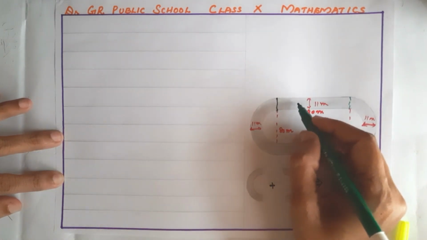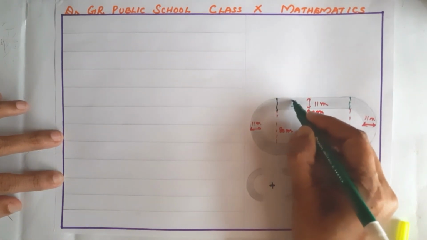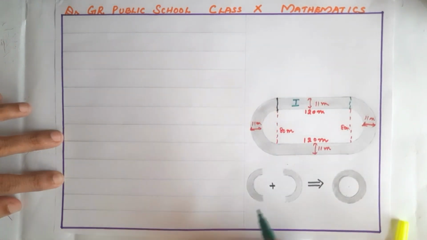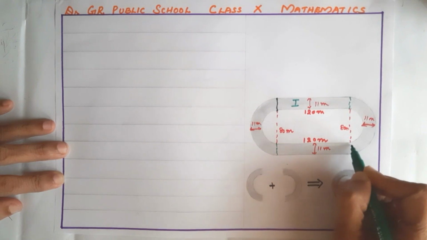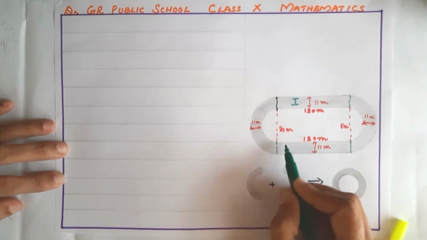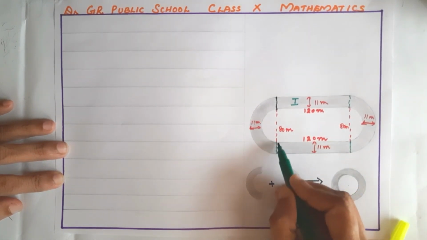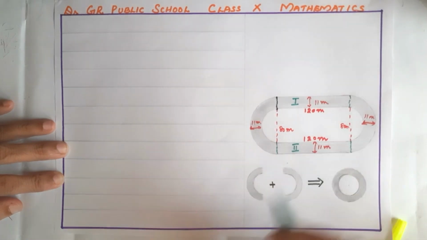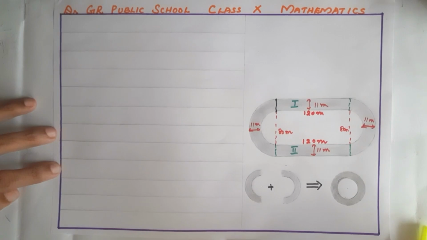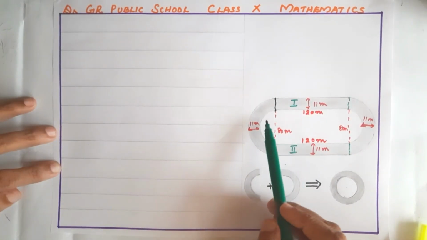That I am noting as the first part. Okay, then if I am joining here also, again we are getting a rectangle. That is the second part. What is all remaining?